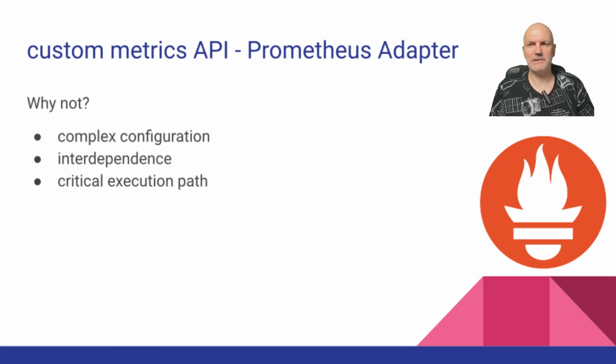The Prometheus adapter configuration is somewhat complex. It requires cooperation between SRE engineer and developers. There is a single Prometheus adapter in a cluster, which is usually the responsibility of the SRE team, and many different applications.